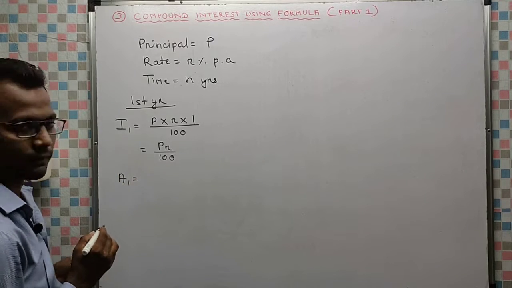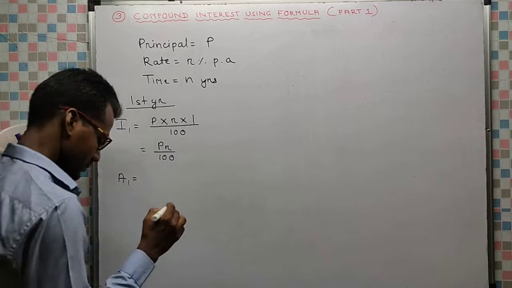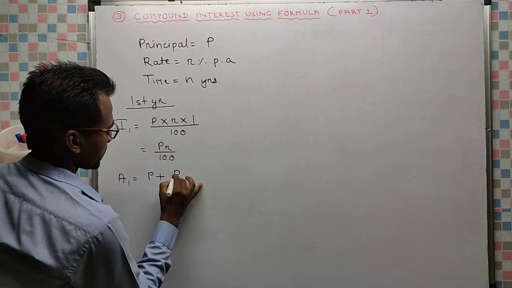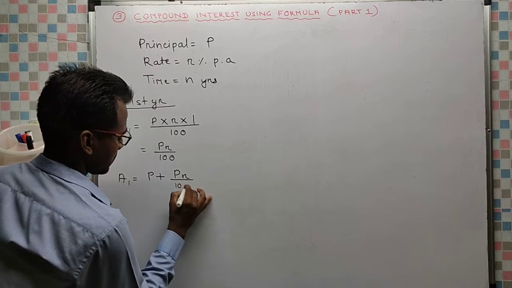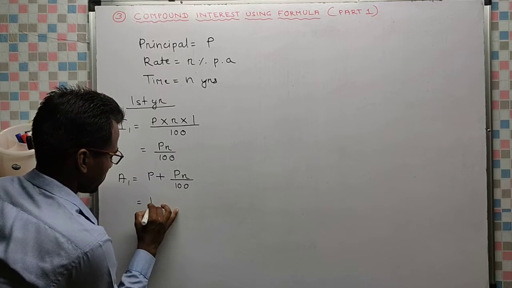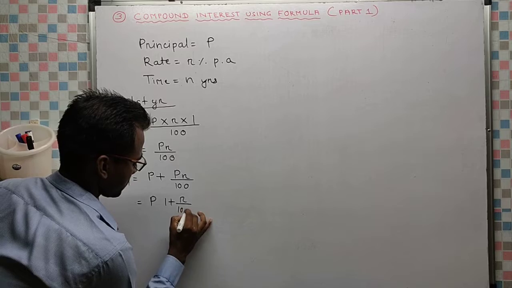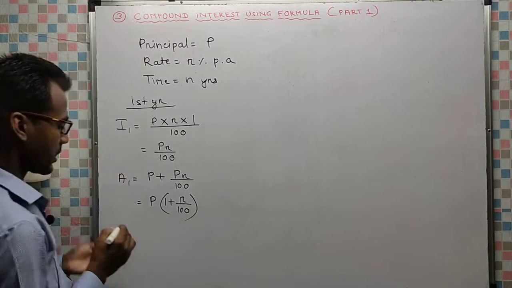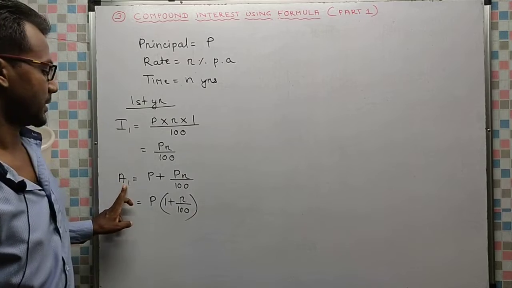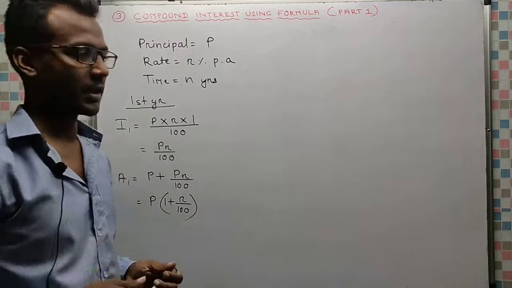So amount at the end of first year is equal to P plus PR by 100. So P whole into 1 plus R by 100. So amount at the end of first year is equal to P whole into 1 plus R by 100. Now let us move to second year.